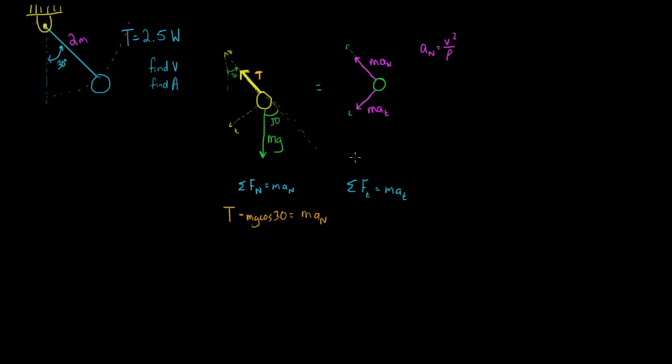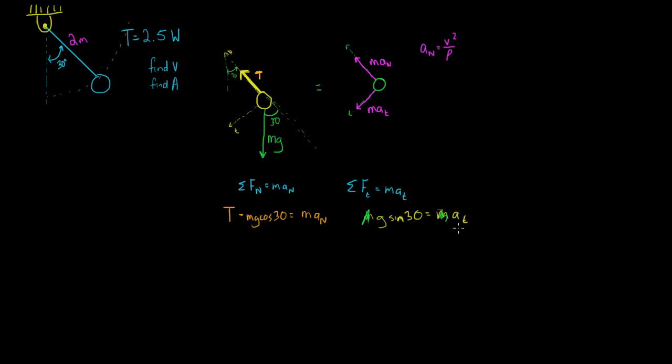Now let's sum the forces in the tangential direction. If this is the cosine, then this direction right here is just the sine, and we just have mg times the sine of 30 is equal to mass times an acceleration in the tangential direction. Now look at this. Our mass, we weren't given anything, but it's on both sides of the equation, so it can just cancel right out.